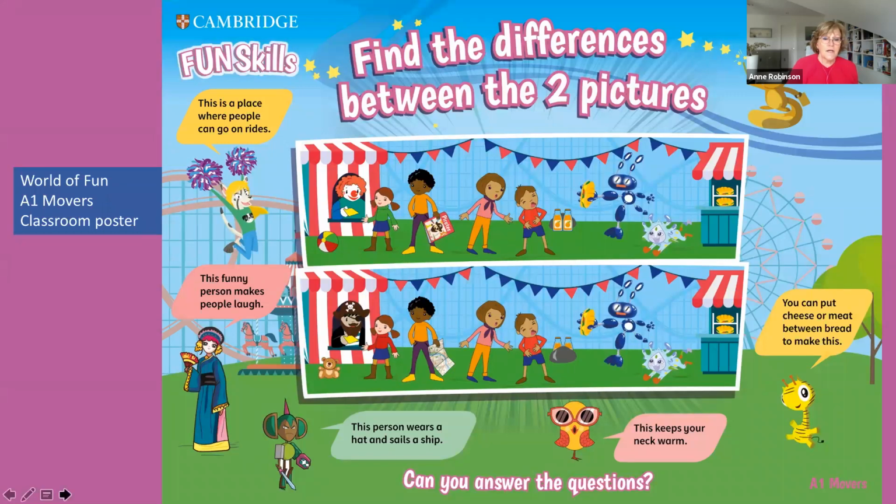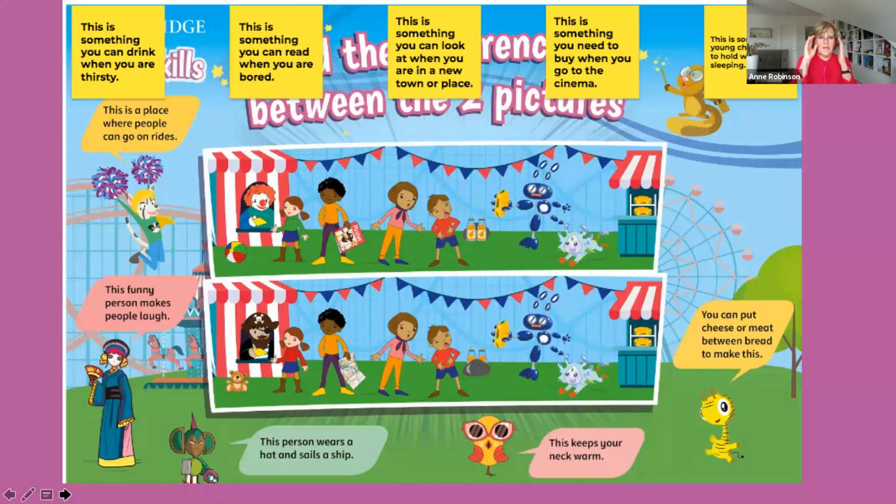What I like to do with pictures and posters is work on one particular grammar area or one particular form of definitions. This can help them, for example, when they're recording vocabulary, as they could also use these kinds of structures.